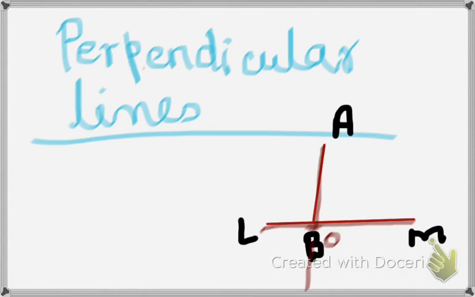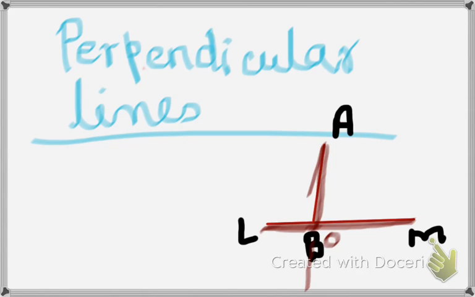It is enough if any line is touching the point of another line, we can say that the lines are intersecting. Line AB is touching the point on the line LM, so we can say that AB is intersecting the line LM.